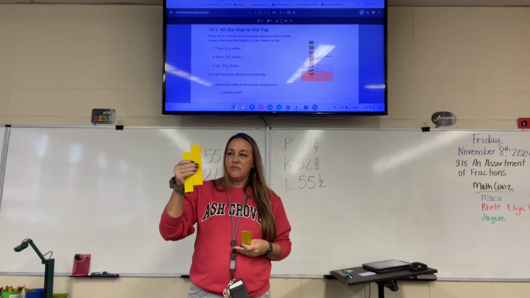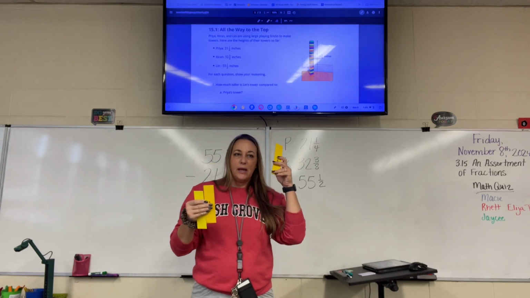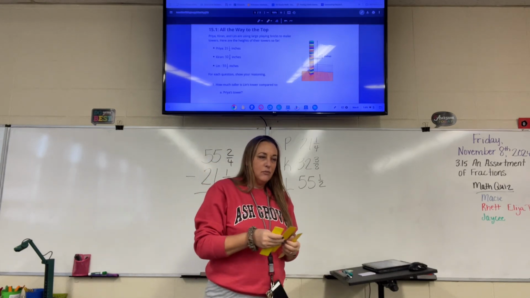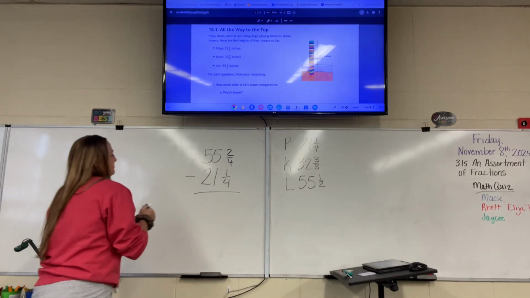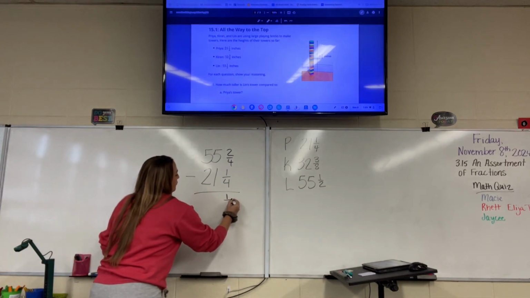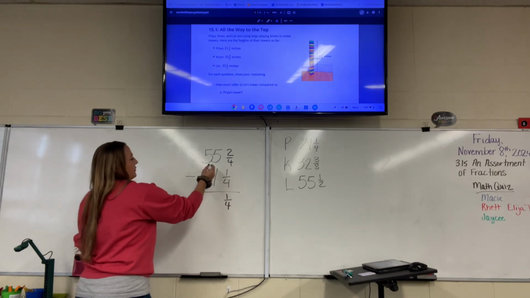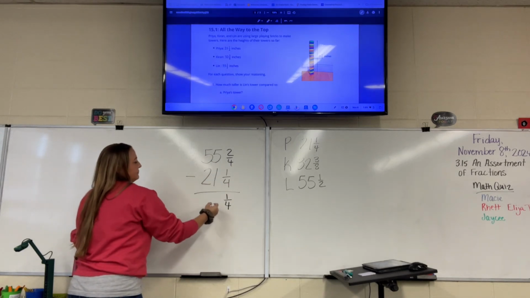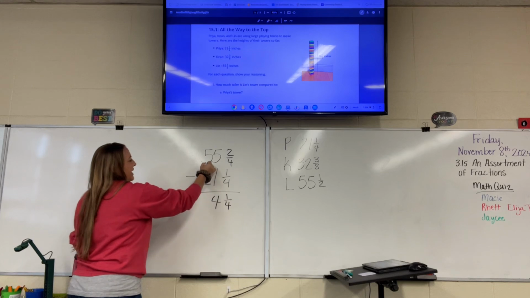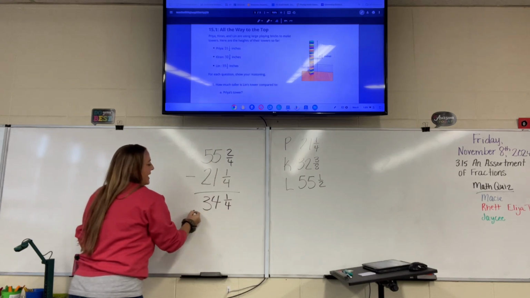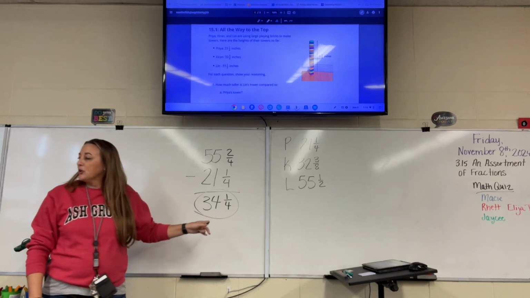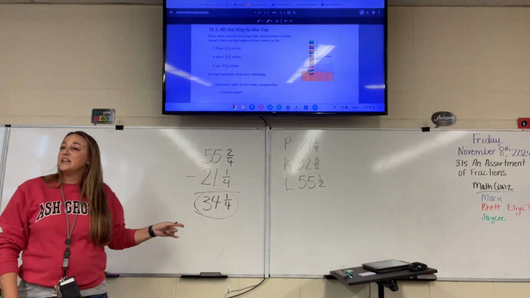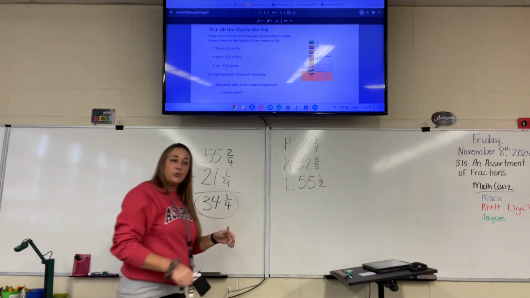So if I have 2 of these and I'm taking away 1 of them, what do I have left? 1/4. So 2/4 minus 1/4 is 1/4. 5 minus 1, 4. 5 minus 2, 3. That is the difference. So that means that Lynn's tower is 34 1/4 inches taller than Priya's.